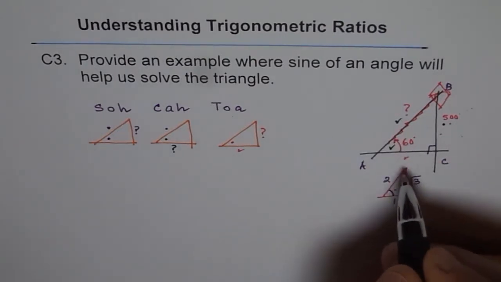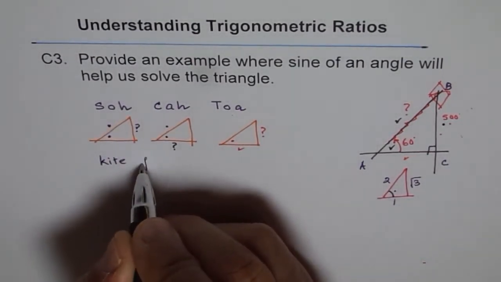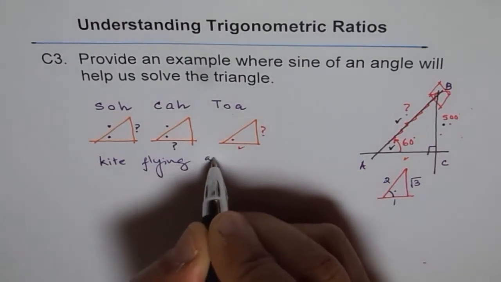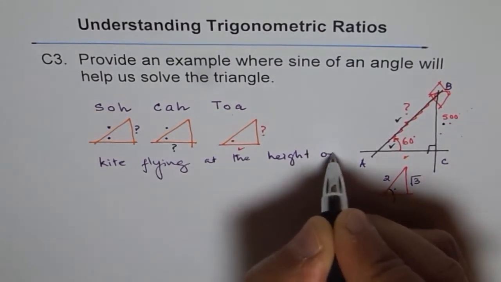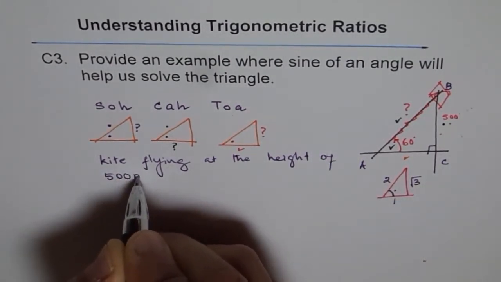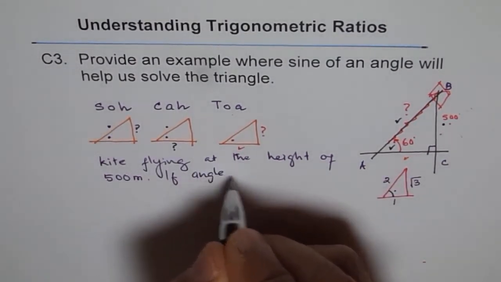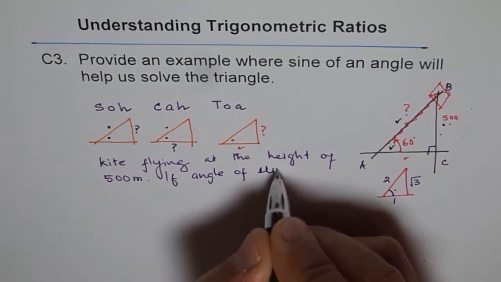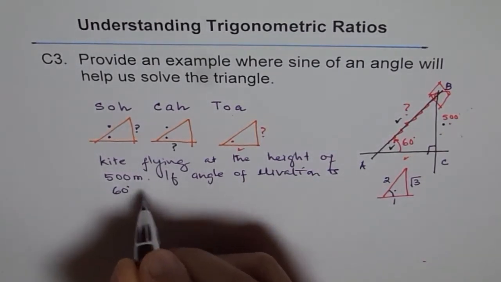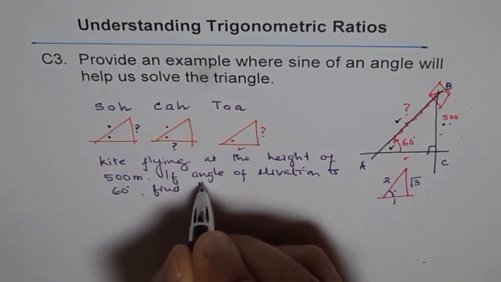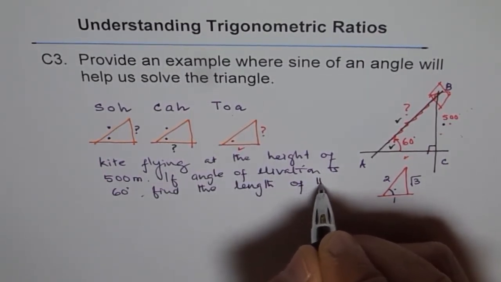So in this particular situation there's a kite flying at the height of 500 meters. If the angle of elevation is 60 degrees, find the length of the thread.